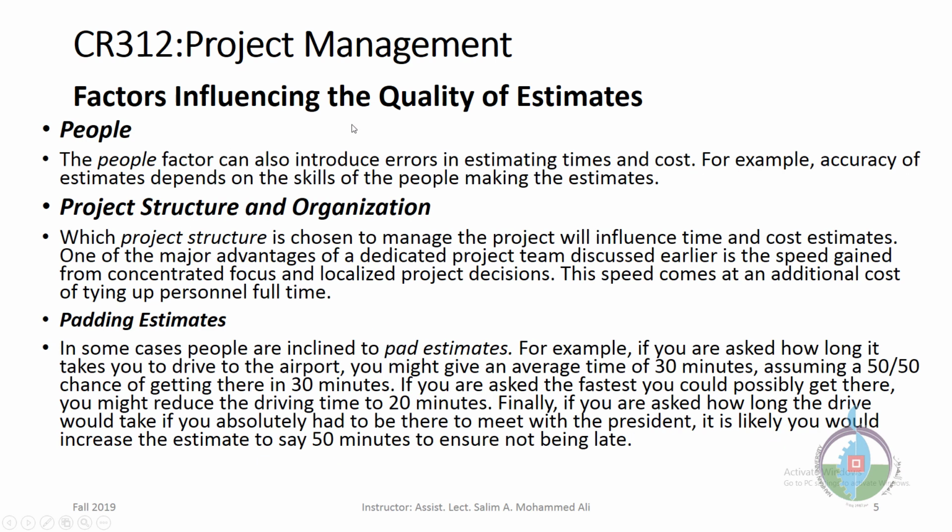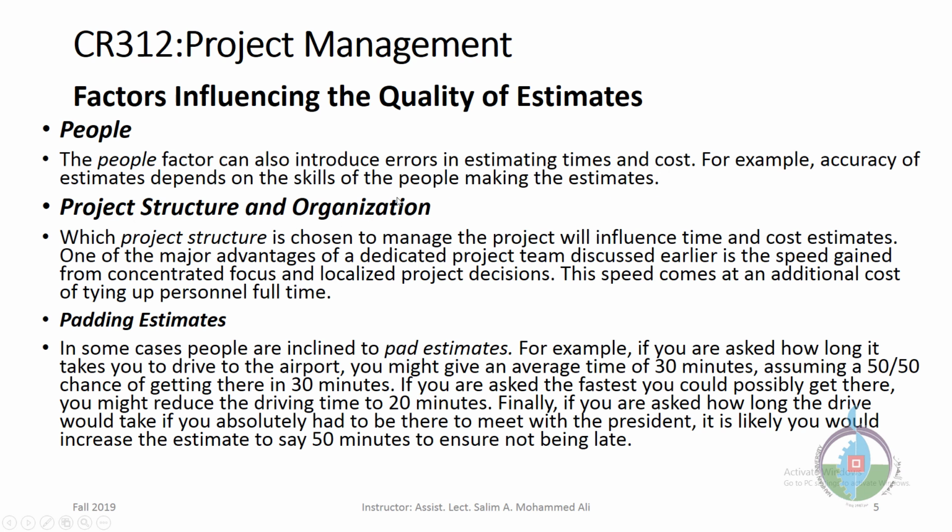The third factor is people. The people factor can also introduce errors in estimating times and costs, because we all know estimates are made by people and sometimes by some simulation programs. For example, accuracy of estimates depends on the skills of the people making the estimates.